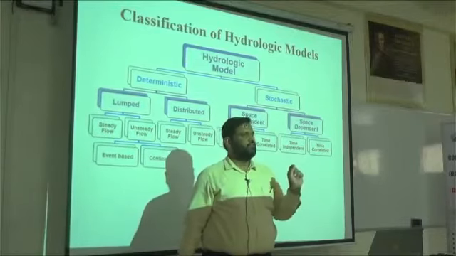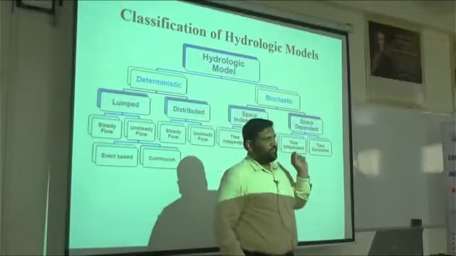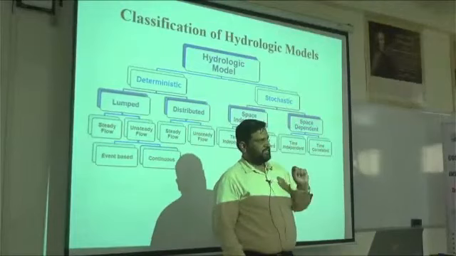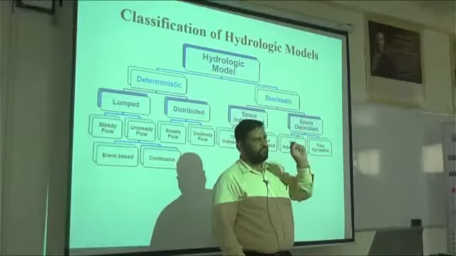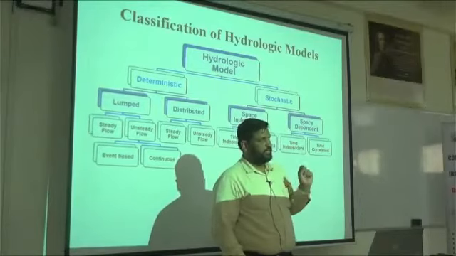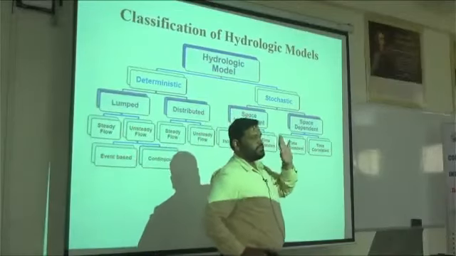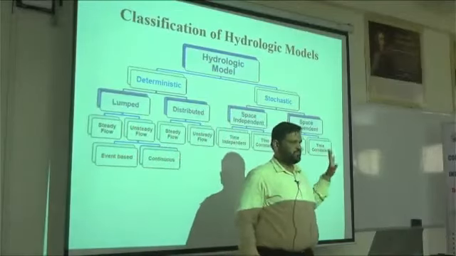In that case, we have to predefine the cell size. Accordingly, it will compute what would be the cell size and the number of sub-watersheds and watersheds in your particular watershed. At that level, it will compute the water balance or water budget equations for your catchment area.